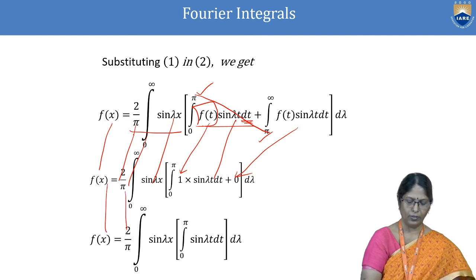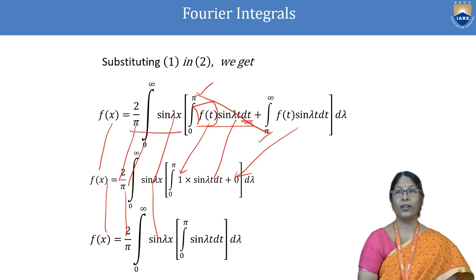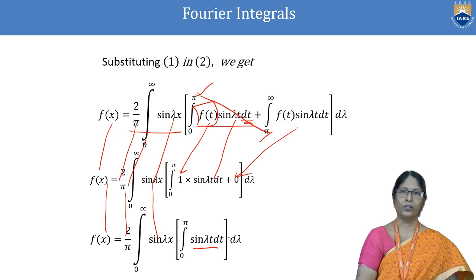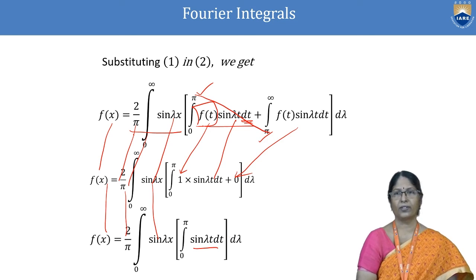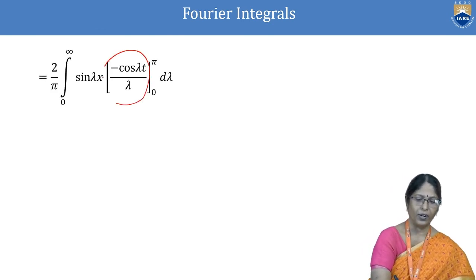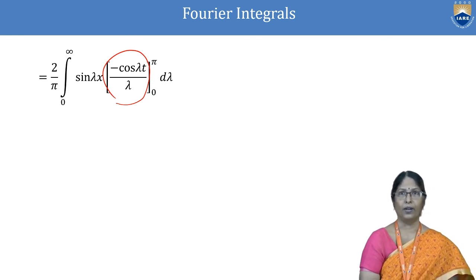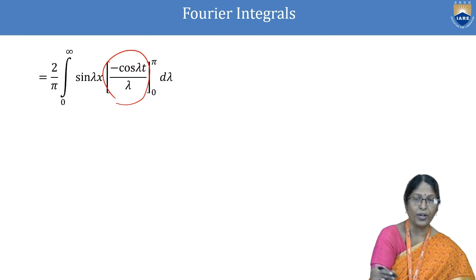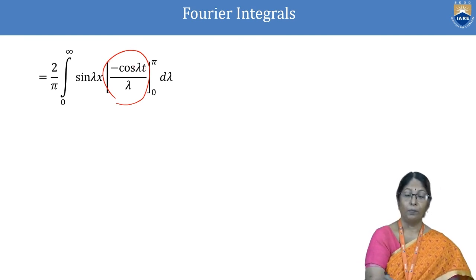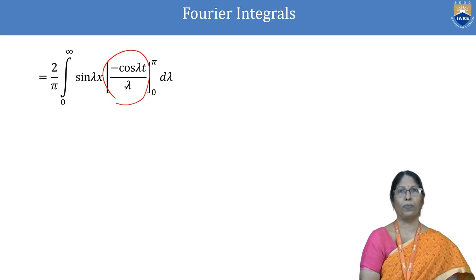This as it is, this is also as it is, sine lambda x, 1 into sine lambda t dt. Sine is a trigonometric term, and we know the integration: the integration of sine is minus cos. So we did the integration, minus cos lambda t by lambda. That means the t coefficient is lambda, because in integration, division by the coefficient plays a role.